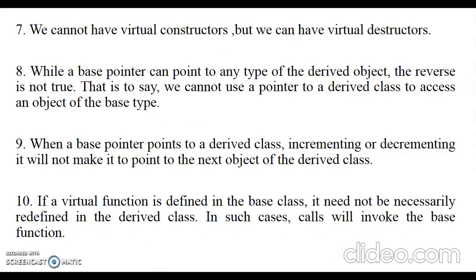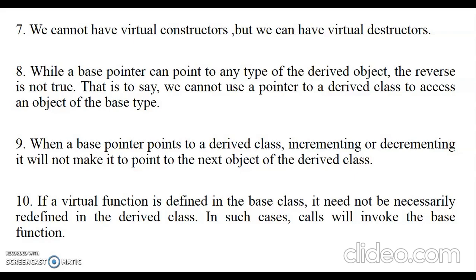We cannot have virtual constructors, but we can have virtual destructors. We will discuss later how to make a virtual destructor and why it is useful. While a base class pointer can point to any object of the derived class, the vice versa is not true.